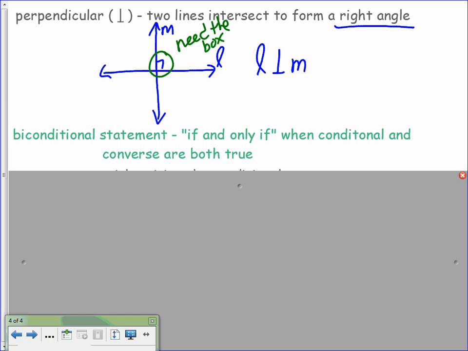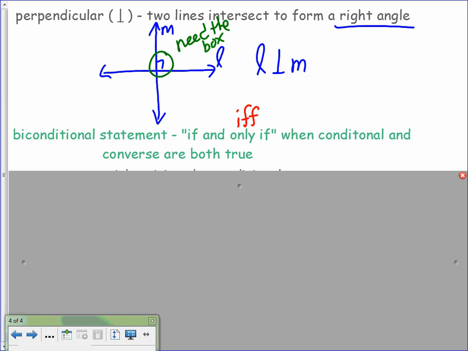A biconditional statement uses the term if and only if. IFF is the abbreviation for if and only if. You won't see it too much in this textbook, but in future textbooks, if you're talking about logic and more specifically biconditional statements, you will see them as if and only if, abbreviated as IFF.